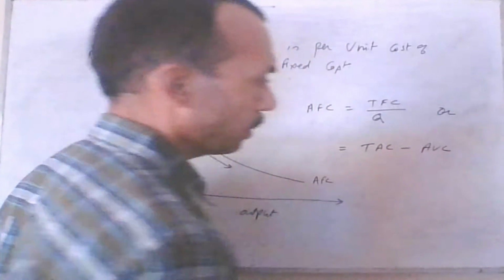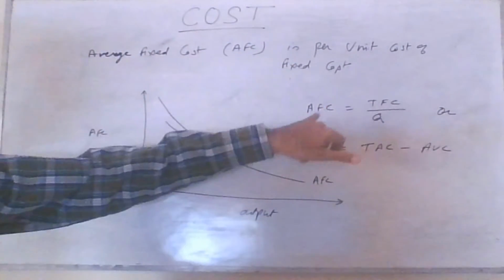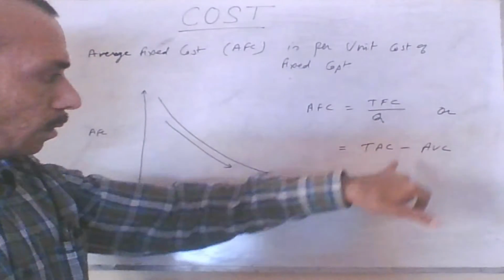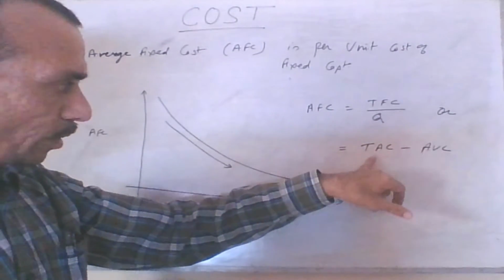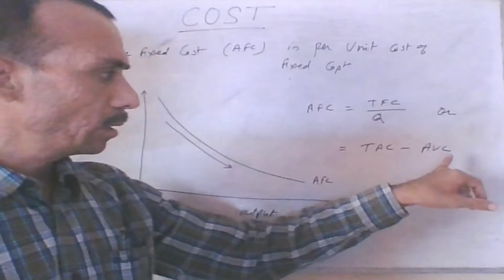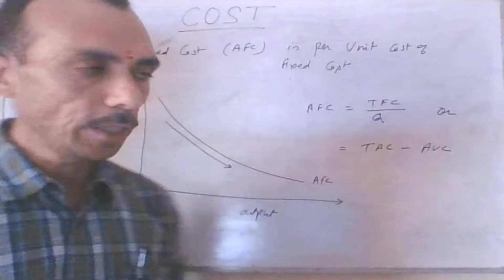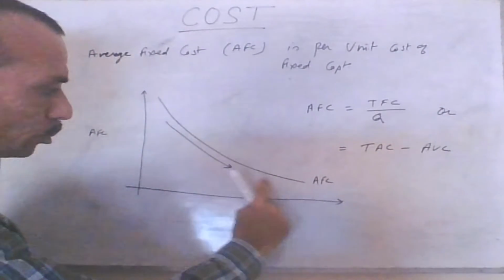Not total variable cost, average variable cost. It is a rectangular hyperbola sloping downward from left to right.